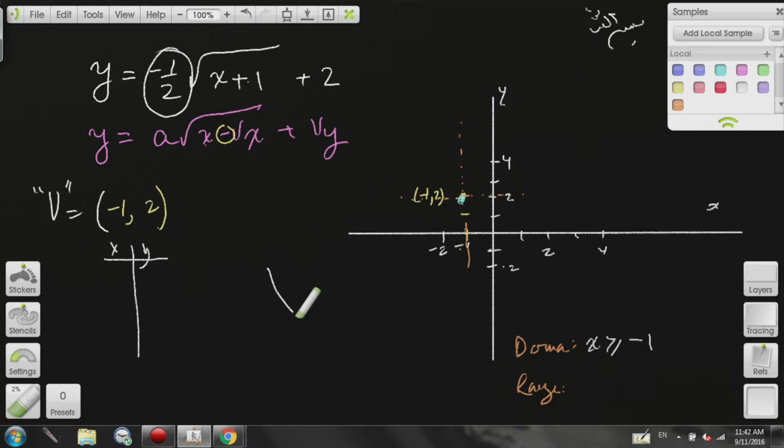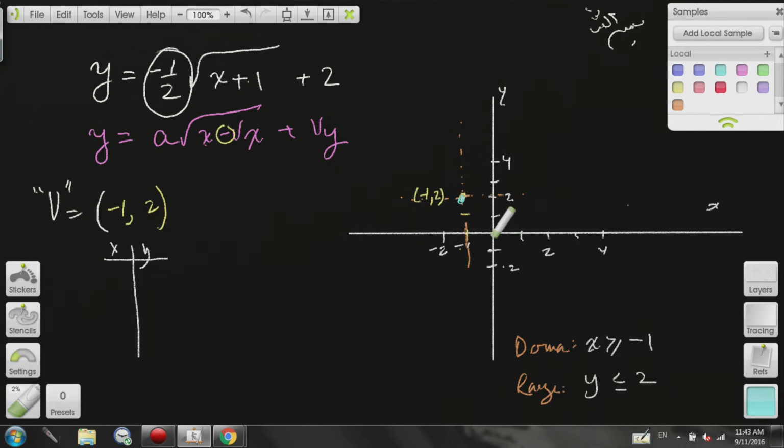And the graph is going like this. So the range, all the possible y values, are going to start over here and go down. So the y values are going to be less than or equal to 2. They're not going to be going up. Does that make sense?